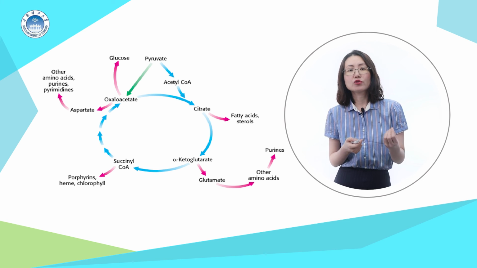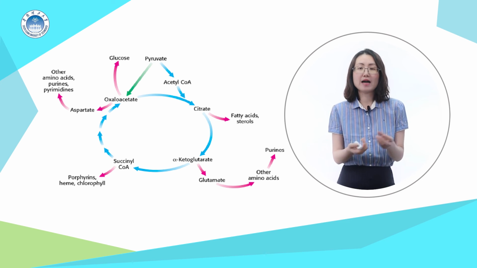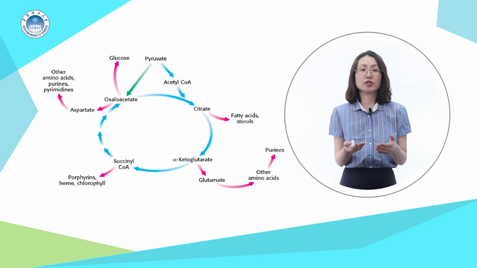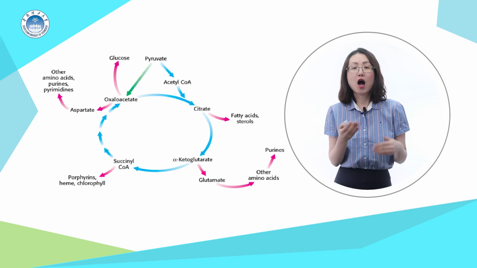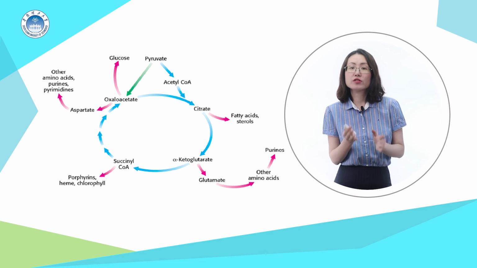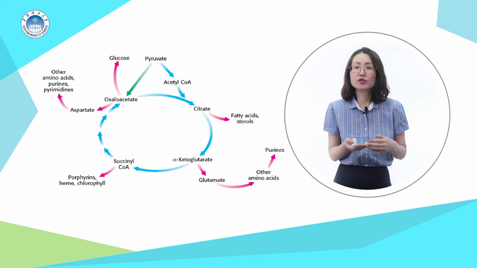The red arrows show intermediates for biosynthesis. When the energy needs of the cell are met, intermediates are replenished by the formation of oxaloacetate from pyruvate. This biosynthesis process will be considered in subsequent chapters.